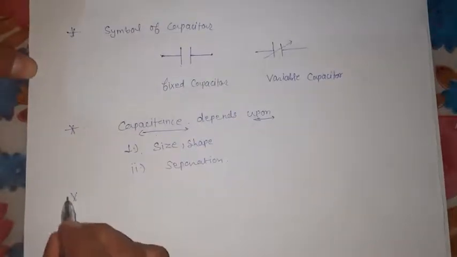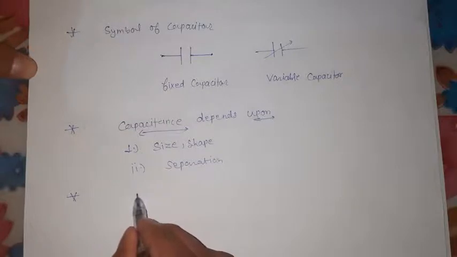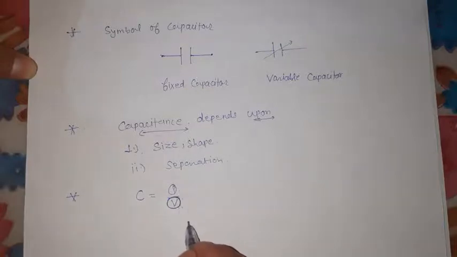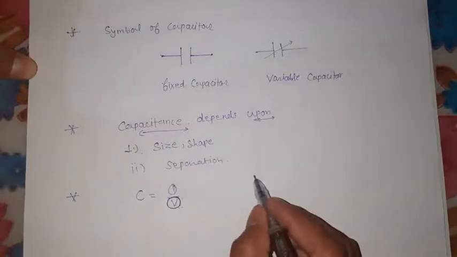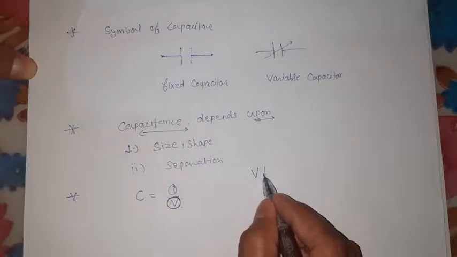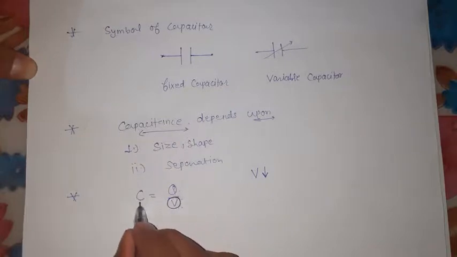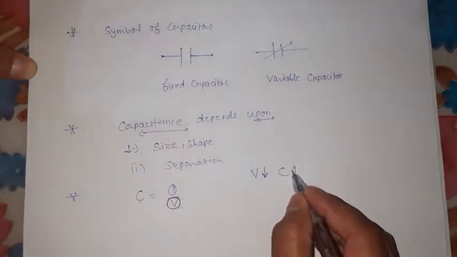Now one thing we have to learn here, students: we have written that capacitance is Q by V. Check over there. If I manage to decrease the potential difference for a given charge, what will increase? The capacity will increase.